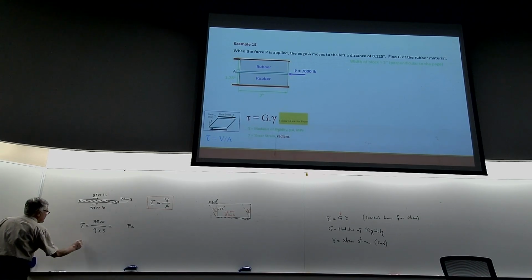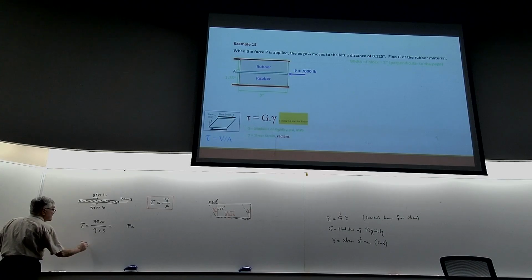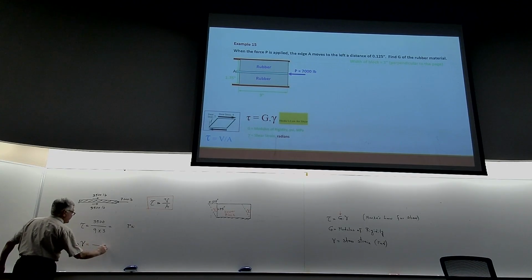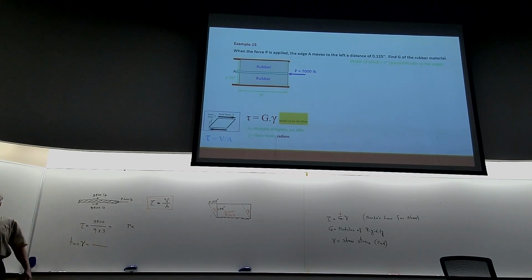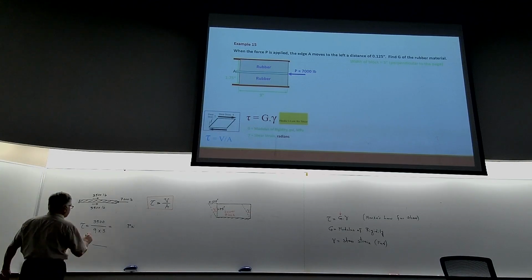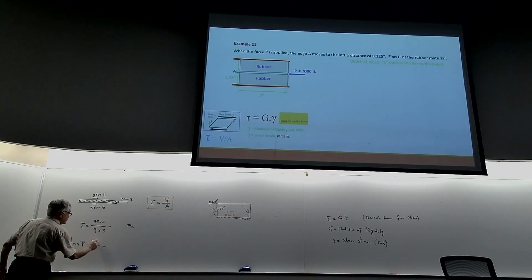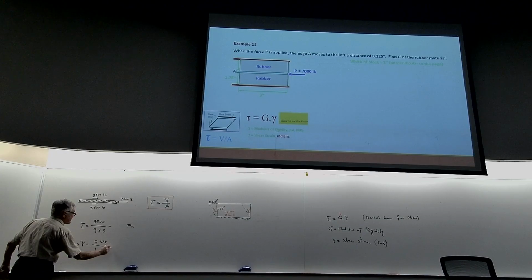And gamma, or tangent of gamma, because this time the angle is not as small as it was in the previous problem. So if you use tangent, it always works. So that would be 0.125 divided by 1.75.